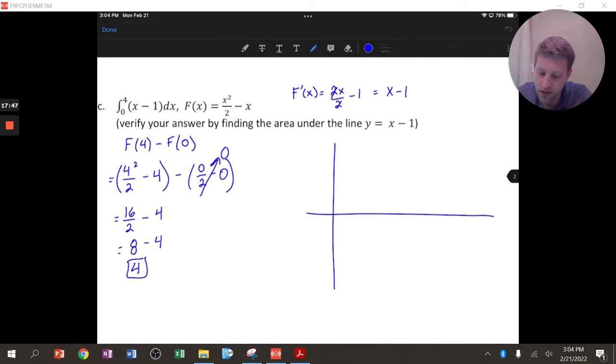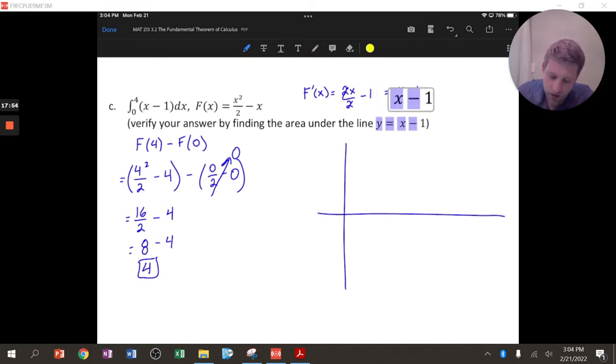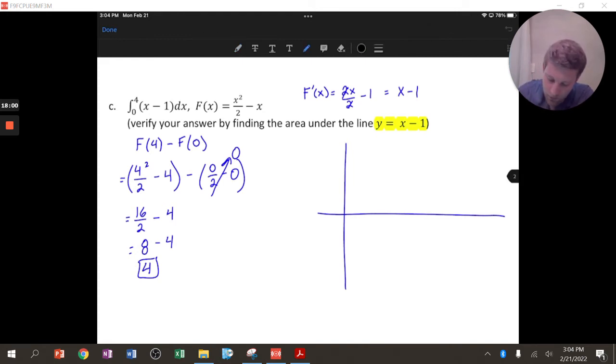First, if I wanted to graph the line y equals x minus 1, I can find its intercept. That's going to be at -1. So we'll have an intercept at -1. And then we'll plot out 1, 2, 3, and 4. That's my interval from 0 to 4.